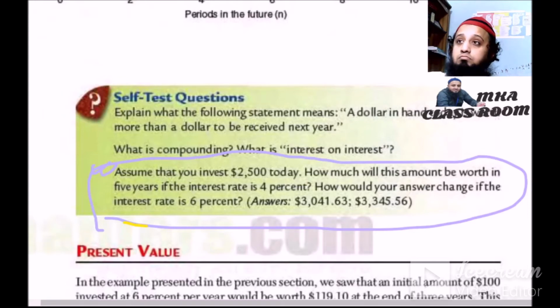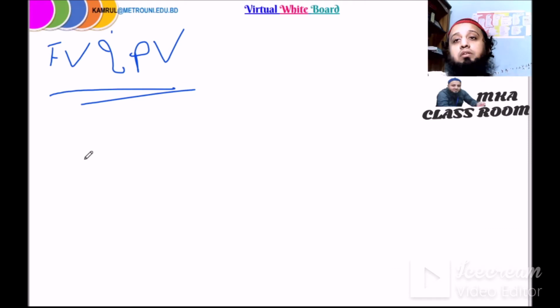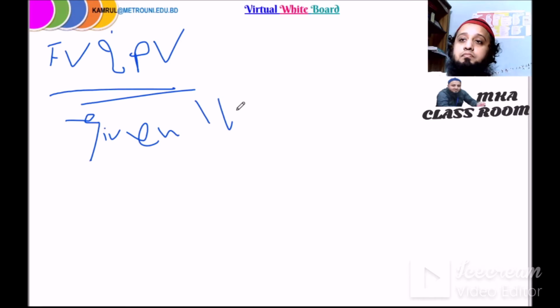So, what will be the worth of this amount after 5 years? Interest rate is 4%. So, what will be our given information?